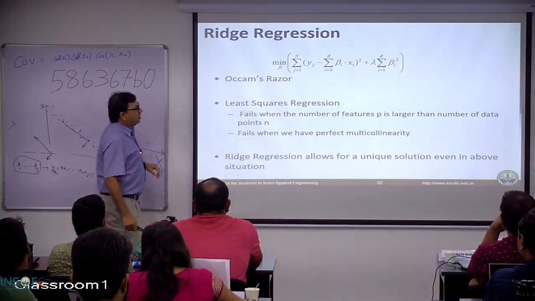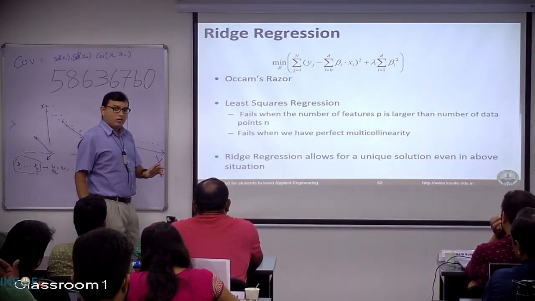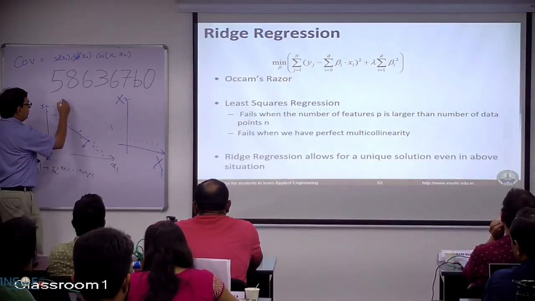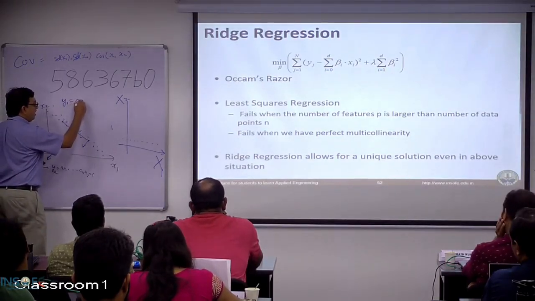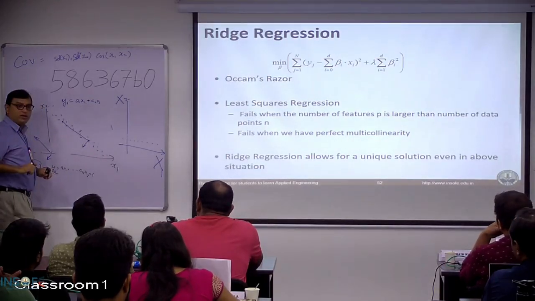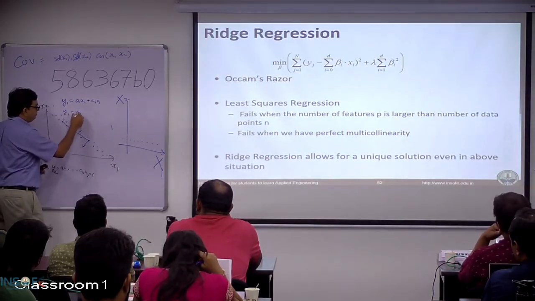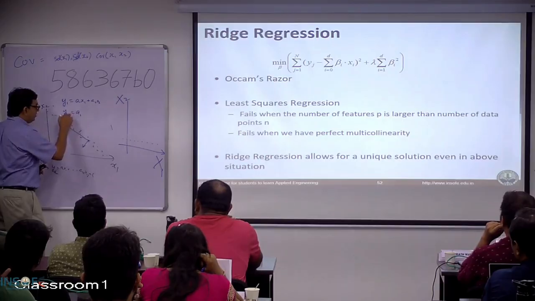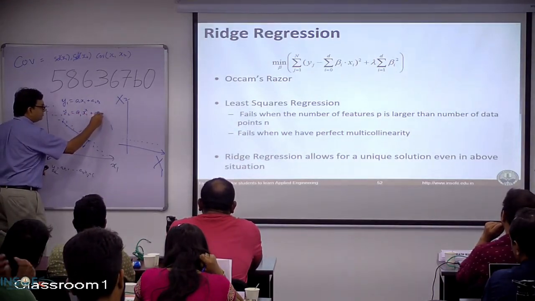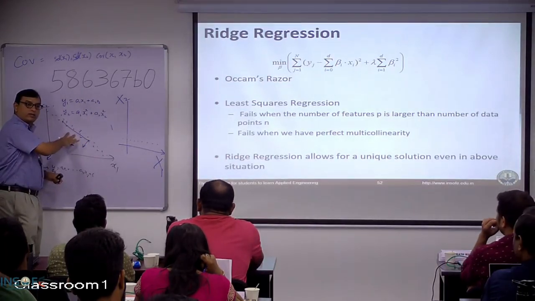Now, in linear regression, what did we do? We have y1 is a1 x1 plus a2 x2. Let's say we are doing two-dimensional linear regression. Y2 is a1 times a different x21 plus a2 times a different x22, so different values are there.